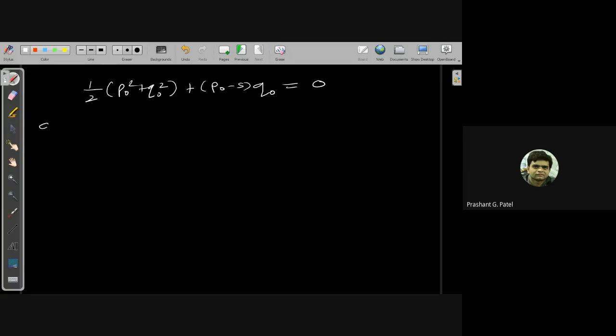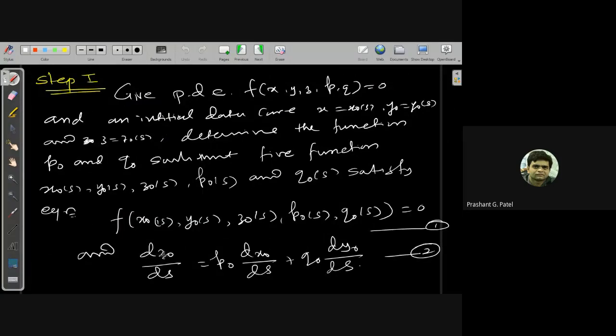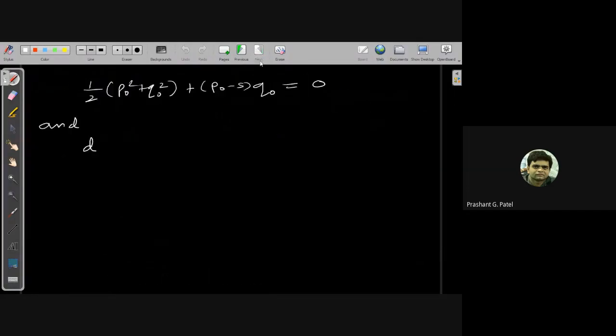And the other equation, you can just see the second equation: dz0/ds = p0 dx0/ds + q0 dy0/ds.